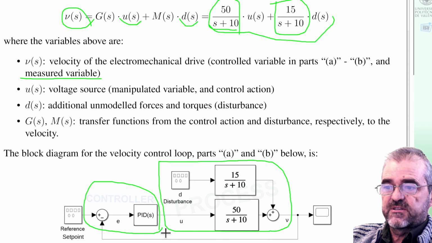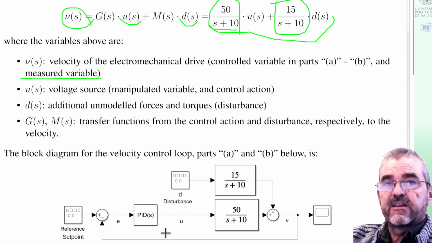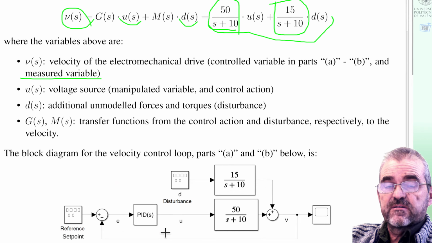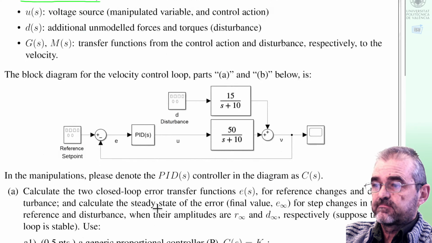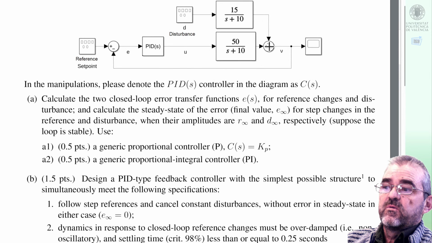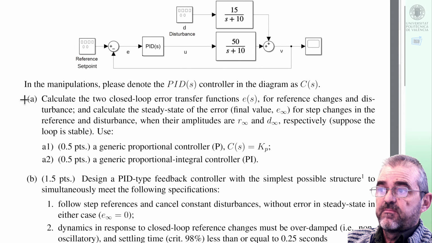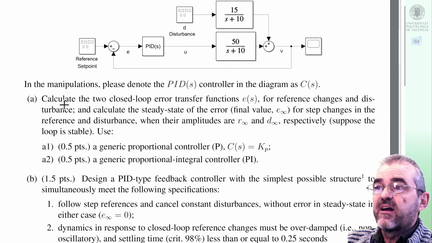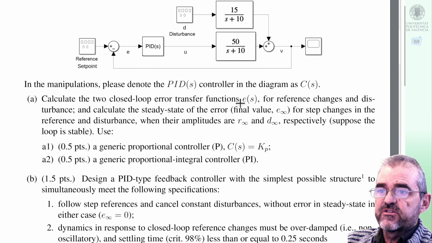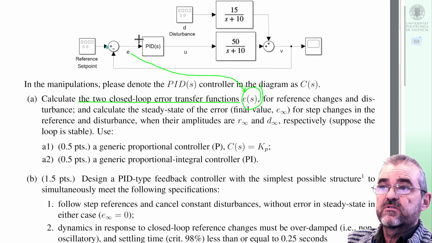So now that we understand the overall setup we need to design a controller for, let's see the questions that were asked in the examination. If we read what we are being asked, we are dividing the solution of this problem in two questions. Part A: derive the two closed-loop transfer functions for the error E of S, because indeed we need to compute two transfer functions as we have two inputs to the closed-loop block diagram.